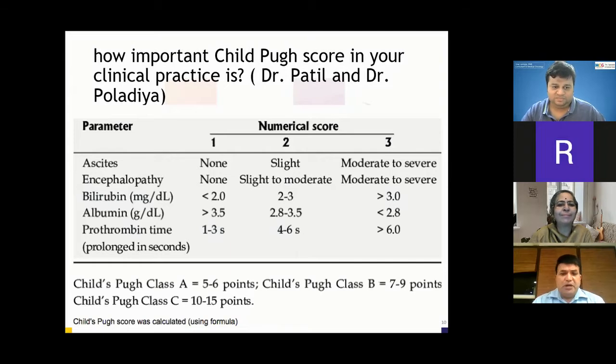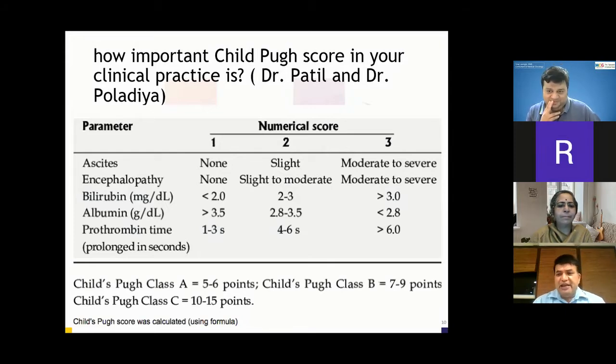Dr. Ghanshyam, if slight ascites, score is 2, no encephalopathy 1, bilirubin less than 2 is 1, that is a score of 4. Albumin more than 3.5 is 1, prothrombin time 1 to 3 is 1, total 6. So you are in A. But as Viraj said, if your bilirubin is 2.2, this makes it Child-Pugh B. Do you put significance on this in your clinical practice, Ghanshyam?